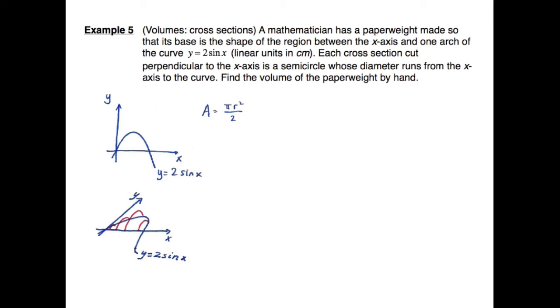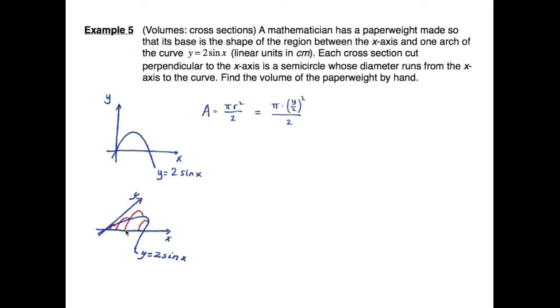So what is the area of one of these semicircles? It's pi r squared over 2, because it's a semicircle. What is the radius? The radius, if you think about it, is half of the diameter. So the diameter of the largest of these red semicircles is f of x.